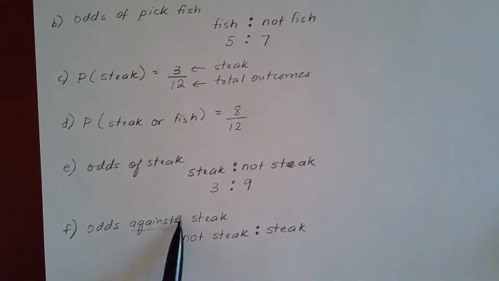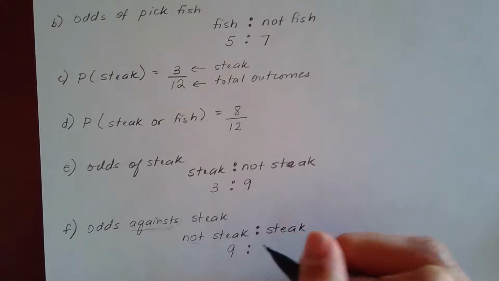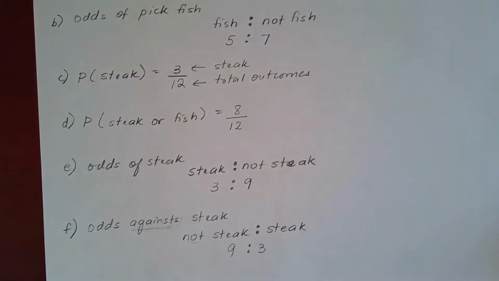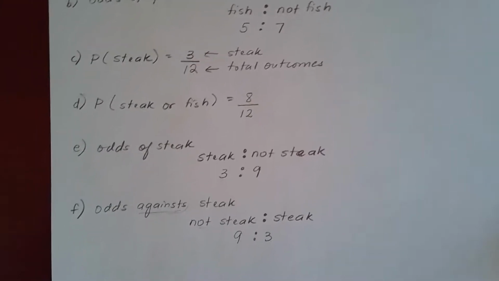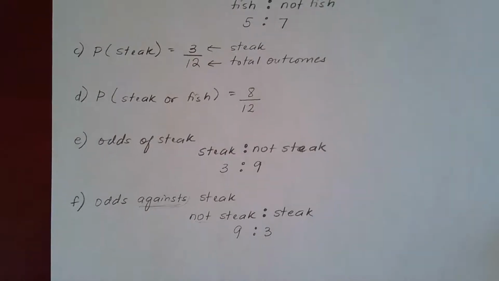Because it's the word against, I'm going to start with the not, the opposite. So not steak, there's 9 of them, is to 3. Okay, so that's a really good question. You're going to have a question like that on your test, certainly from odds to probability, probability to odds. So make sure that we're comfortable with that one.